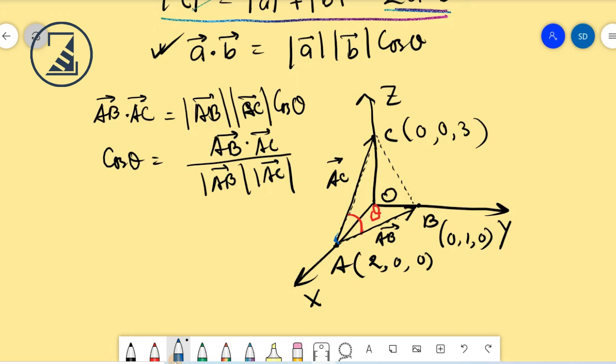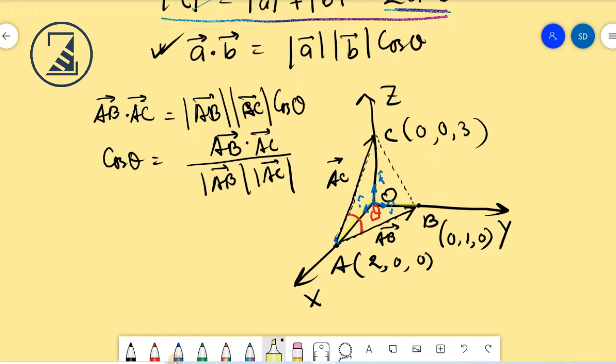So let's first mark the unit vectors. This is I cap, this is K cap, and this is J cap. See, to find this vector AB, I have to go from A to O and then from O to B, isn't it? So if I go from A to O, how much distance am I covering?